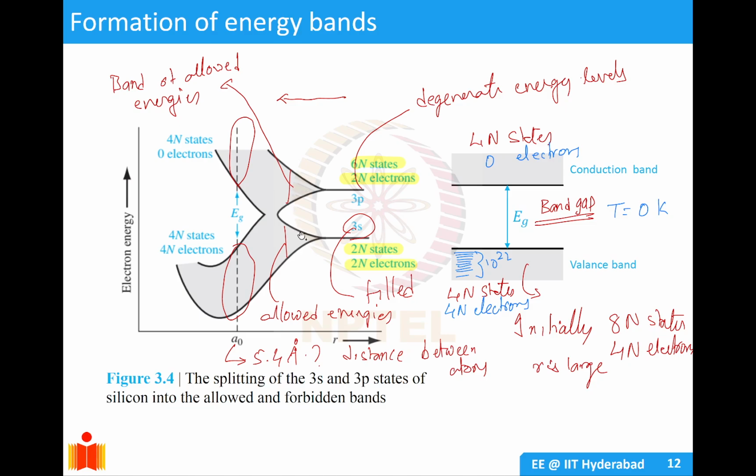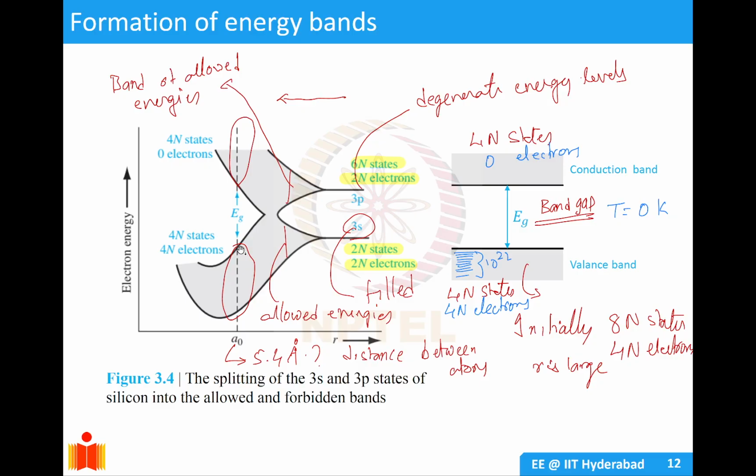as you come closer, due to interaction between energy levels, you have broadening and separation of energy bands such that they mix into each other, and then they again start repelling, and at a naught, which is the lattice constant, you have an energy band.